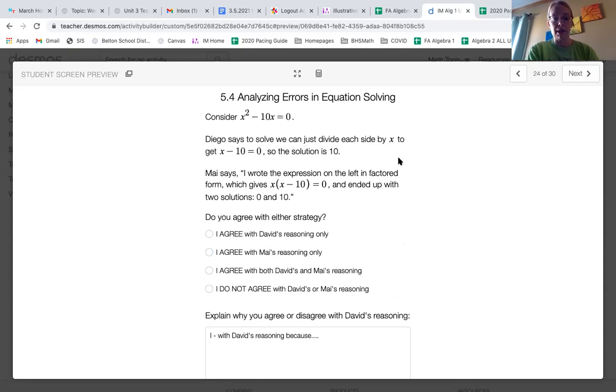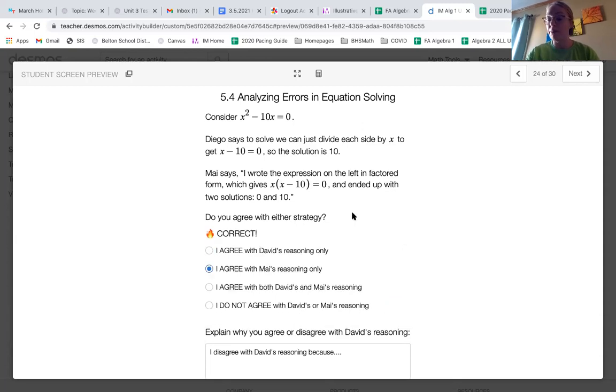Consider x squared minus 10x equals 0. Diego says to solve, he can divide each side by x and get x minus 10 equals 0. So the solution is 10. Mai says, I wrote the expression on the left in factored form, which gave me x times (x minus 10) equals 0, and ended up with 2 solutions. We 100% agree with Mai. You cannot divide by 0.